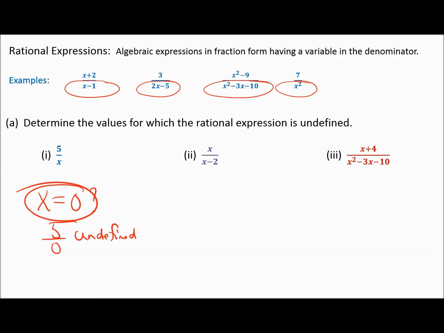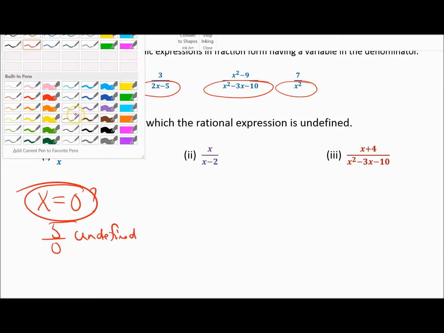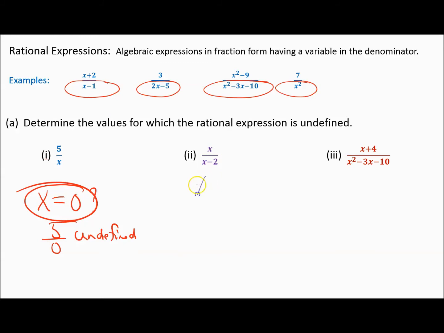So the value for which the rational expression is undefined in the first problem is x equals 0. So when you look at the second problem, x over x minus 2, what would make that expression undefined? Well, if the denominator were equal to 0, it would be undefined, correct? So if I set my denominator equal to 0 and solve, that would give me x equals 2.